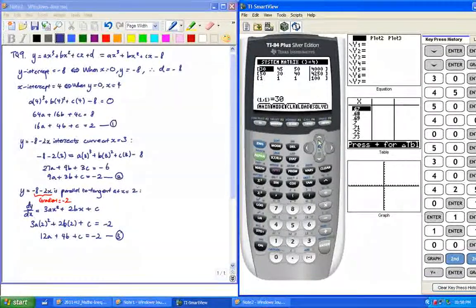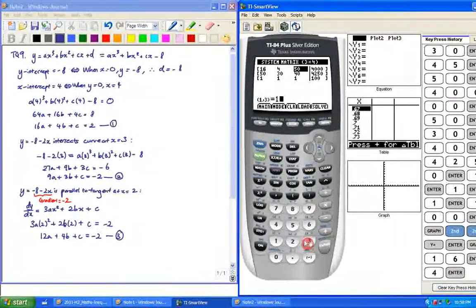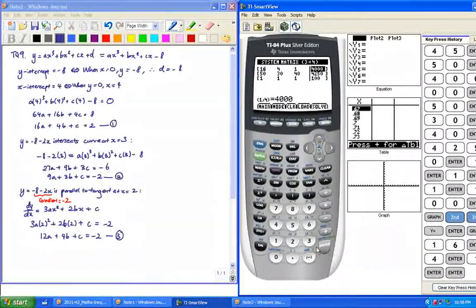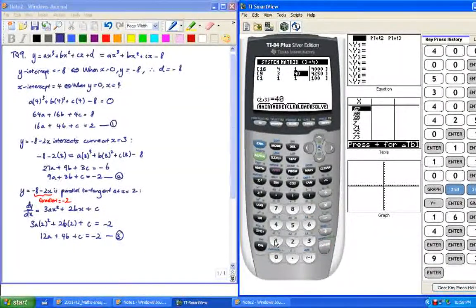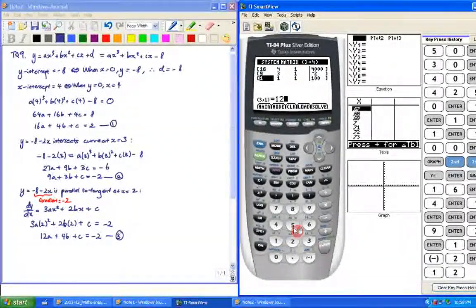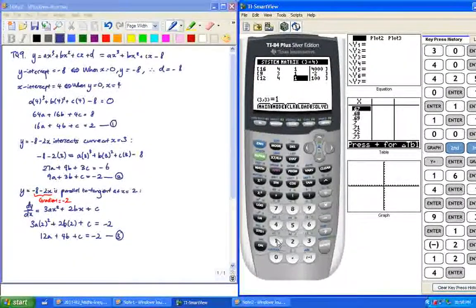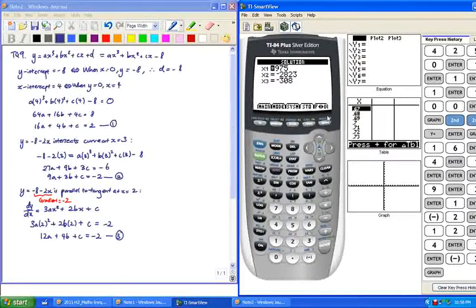So what I have now is 16, 4, 1, and 2 from my first equation, followed by 9, 3, 1, negative 2, and the last one will be 12, 4, 1, and negative 2 again. Then we solve.